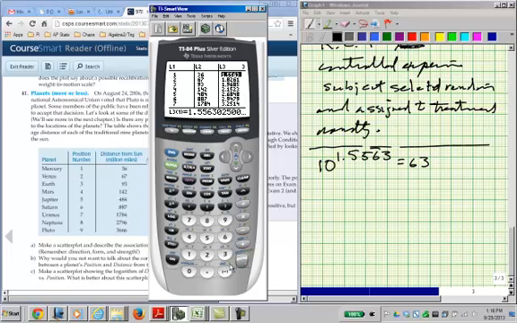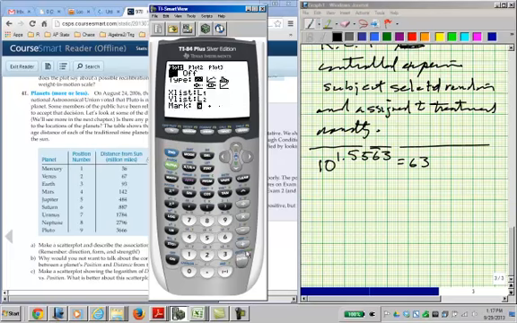So instead of trying to find correlation between the planet order and its distance from the sun in millions of miles, we're going to find a correlation between planet order and the log of its distance from the sun. But first, let's look at the scatter plot of L1 and L3.